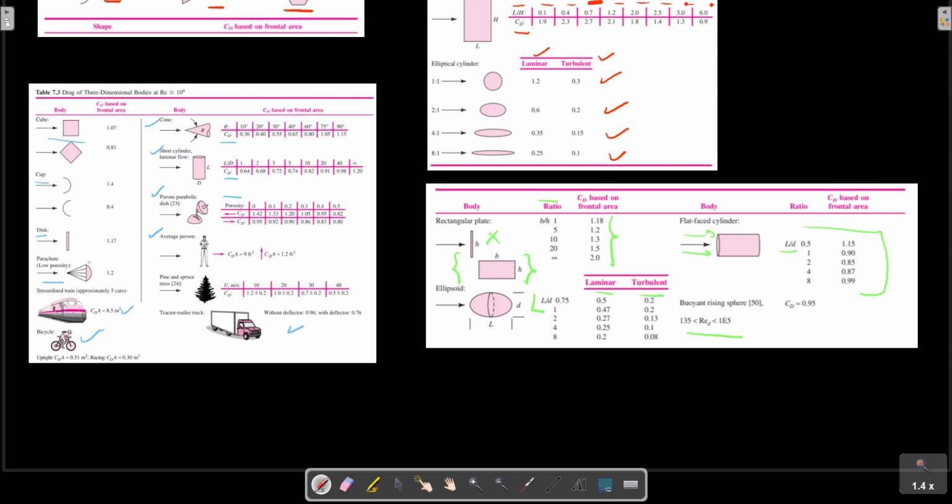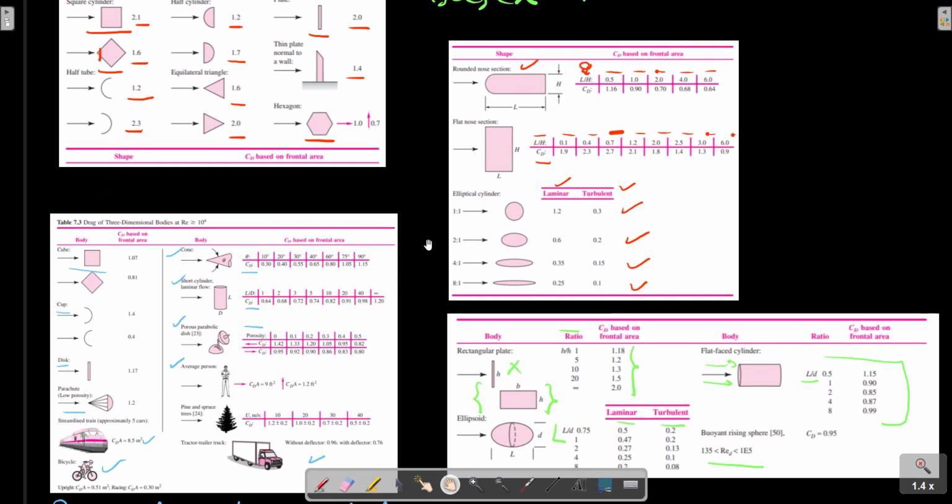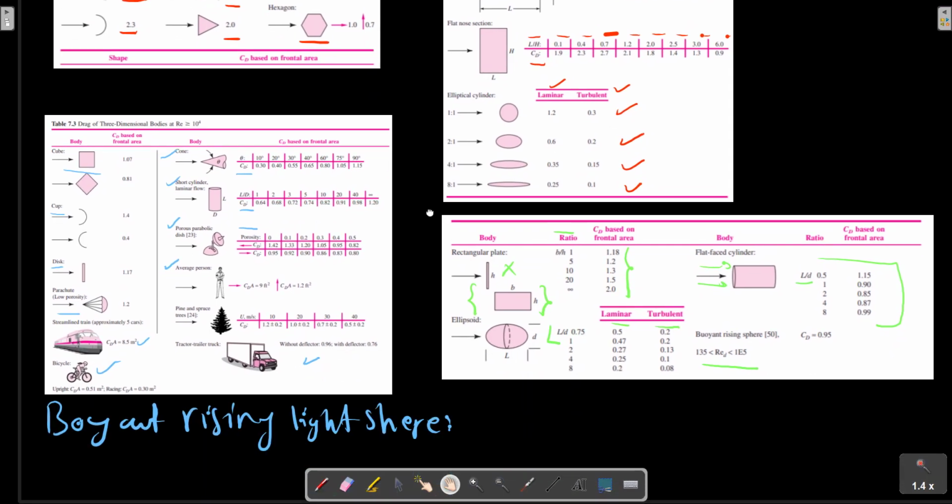So for a sphere, buoyant rising light sphere, there we have data in the table and also figures for the sphere.